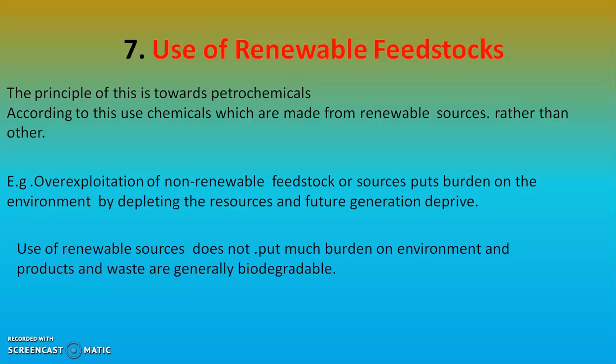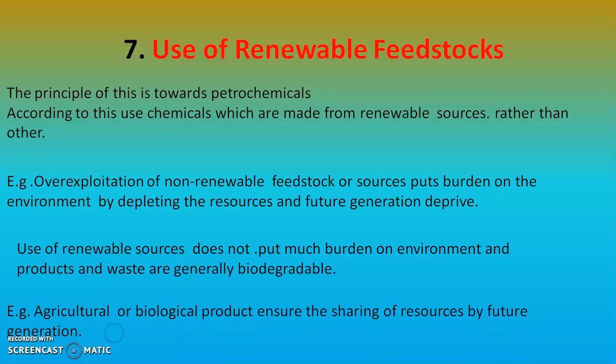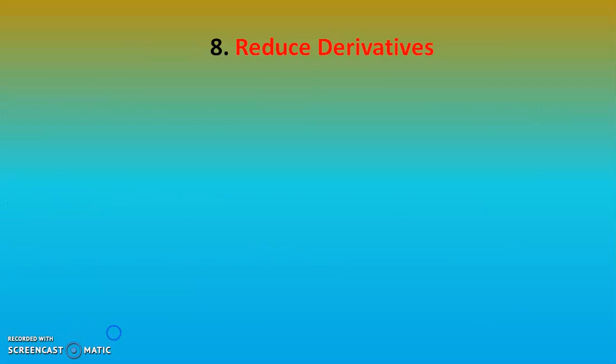Use of renewable sources does not put much burden on the environment, and products and waste are generally biodegradable. For example, agricultural or biological products ensure the sharing of resources by future generations.